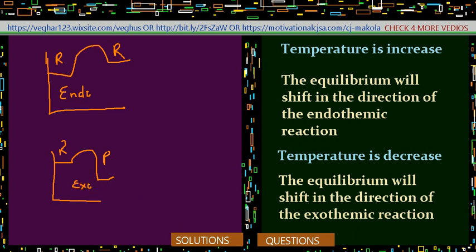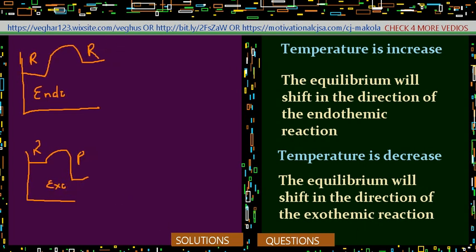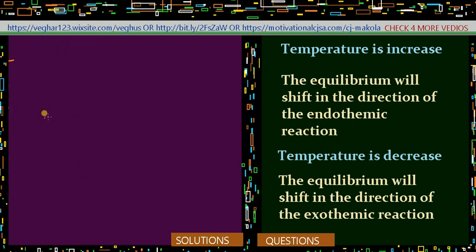So an increase in temperature favors endothermic, which means delta H is positive, greater than 0.